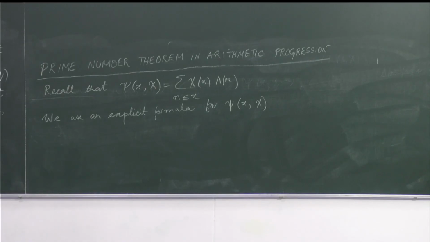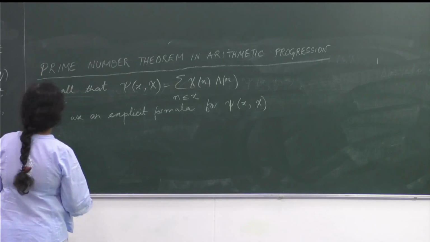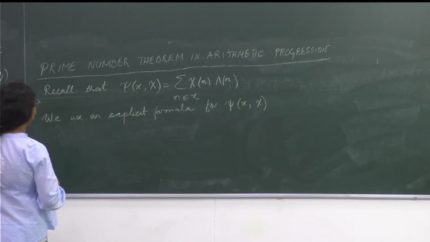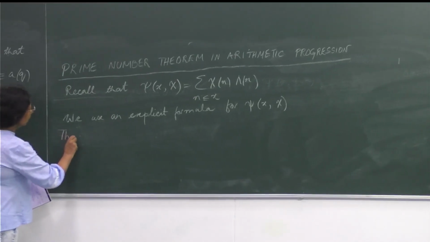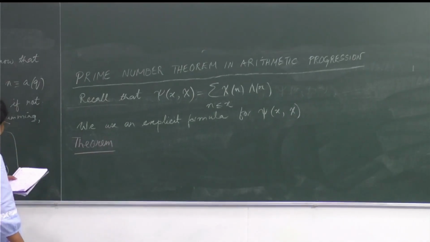So the theorem that we propose to prove is an explicit formula, and let me write it out. First let me write it, and then I will tell you what it is. So here is our theorem.